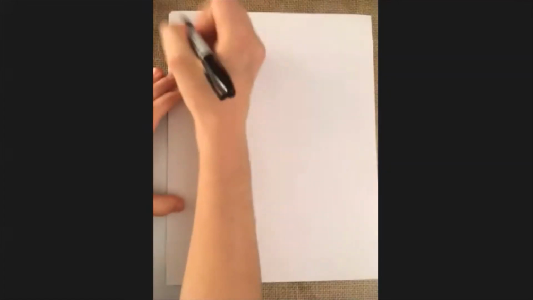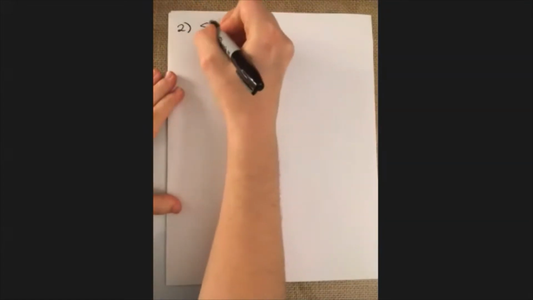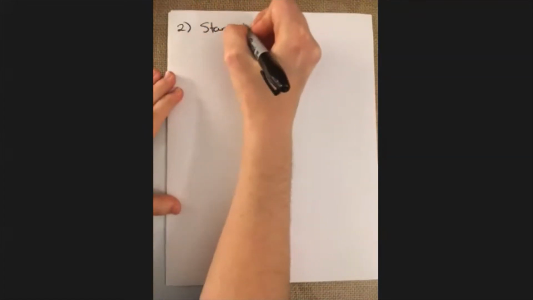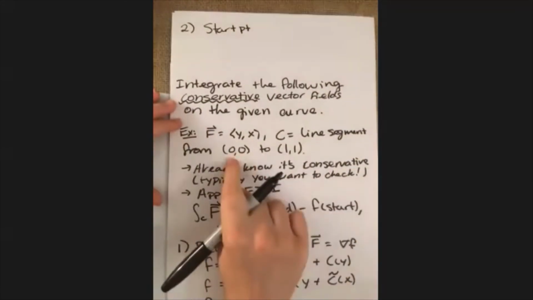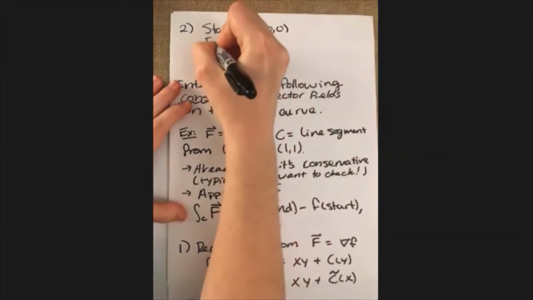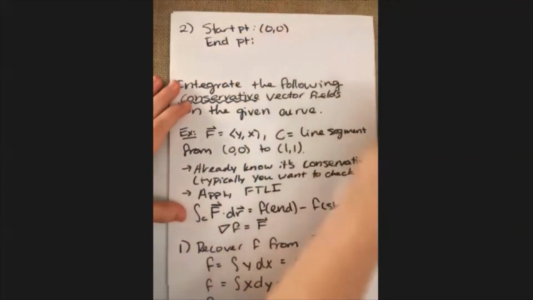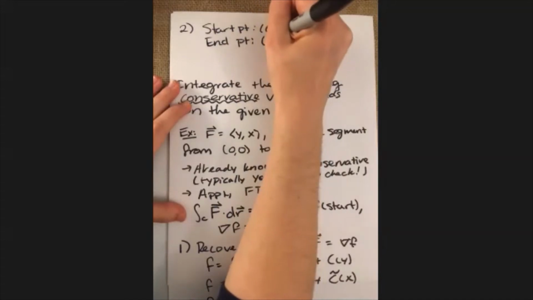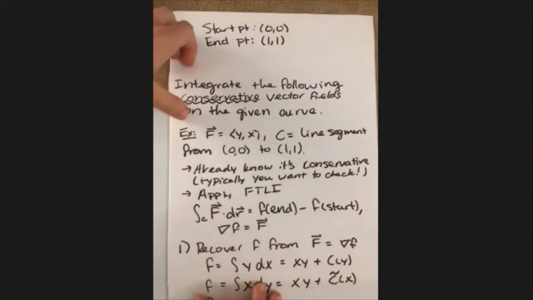And now we just need to evaluate it at the start point and end point. So our starting point, if we go back to the statement of the problem, we're told that we're starting at 0, 0. And our endpoint is 1, 1.